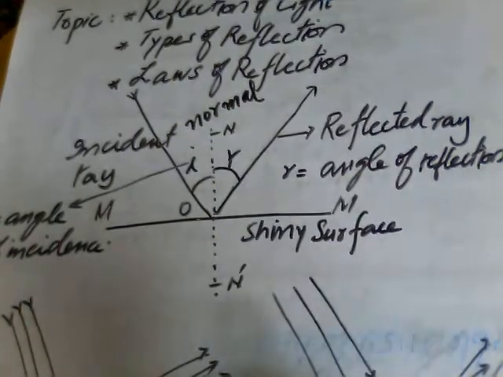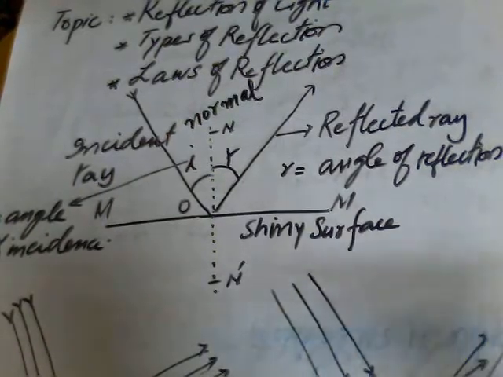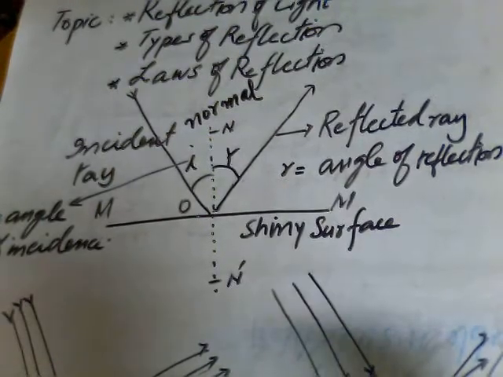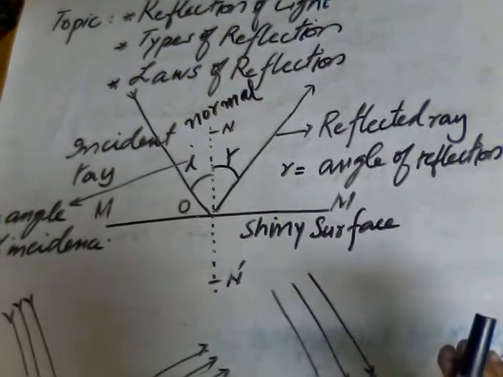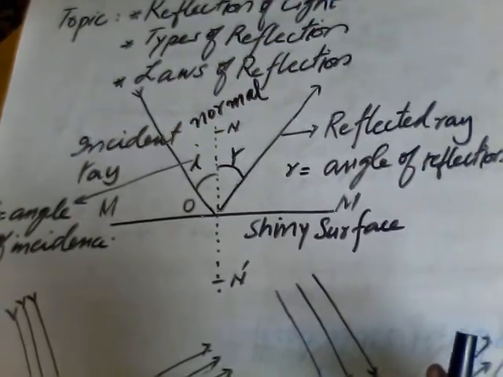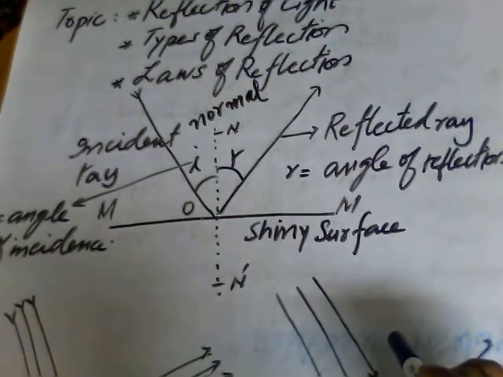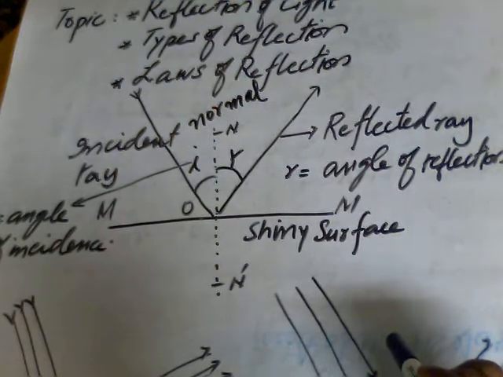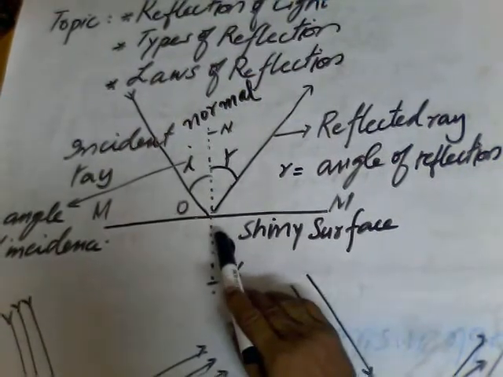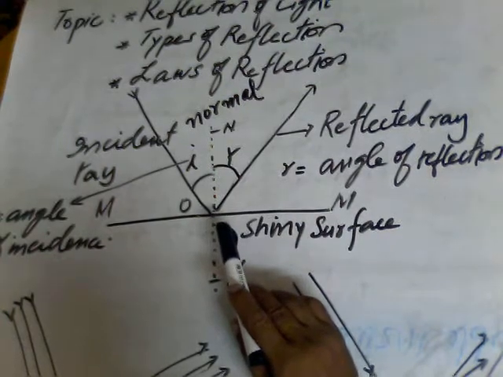In a room, we have 6 planes: left wall, right wall, the wall in front, the rear wall, the ceiling and the floor. These are the 6 planes. When the light strikes one plane, it will be reflected from the same plane. Did you understand, please? So, at the point of incidence, reflected back from the same plane.